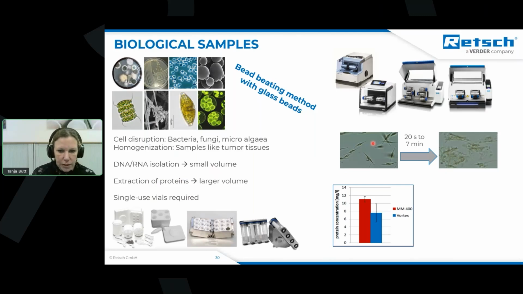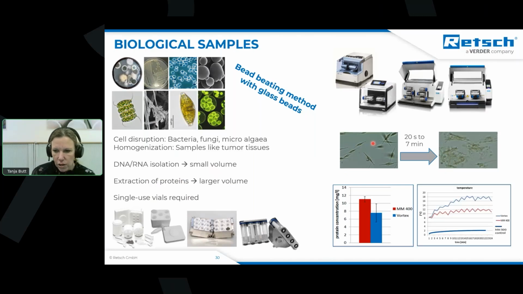So it gives you a better yield and less variation in, for example, the protein concentration afterwards, and it also keeps it cooler. When you use it in the MM 500 control, I talked about the cooling capacities. You can keep the vials really cold, less than 10 degrees or even less than 5 degrees. So no protein degradation is visible here. Very nice for proteins when you have this cooling capacity as well.